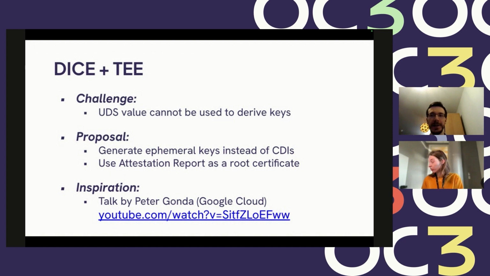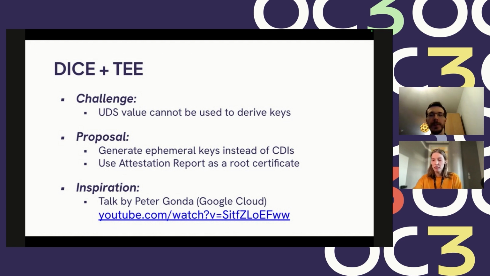In TEEs, we cannot use the UDS to derive secrets in a way that is verifiable by the clients, because the hardware key is a secret known only by the TEE itself. So instead of deriving keys, we can generate an ephemeral key pair for each layer and sign it together with the layer's measurement, thus forming a certificate chain.